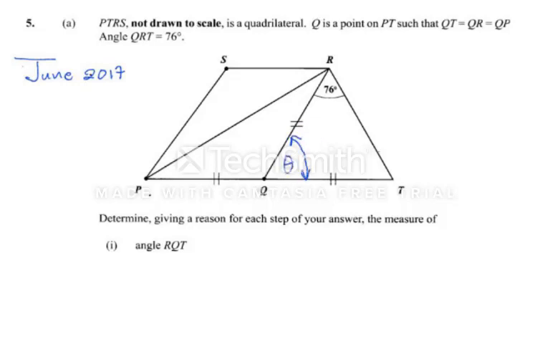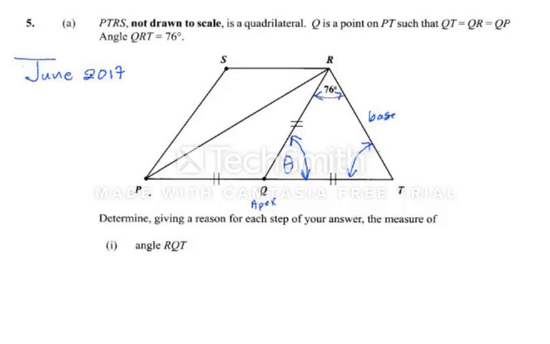All right, now the first thing I'd point out is that triangle RQT is an isosceles triangle. If that be the case, it means that Q would be the apex, because the two equal sides meet at the apex, and opposite from the apex is the base, and the two base angles of an isosceles triangle are equal.